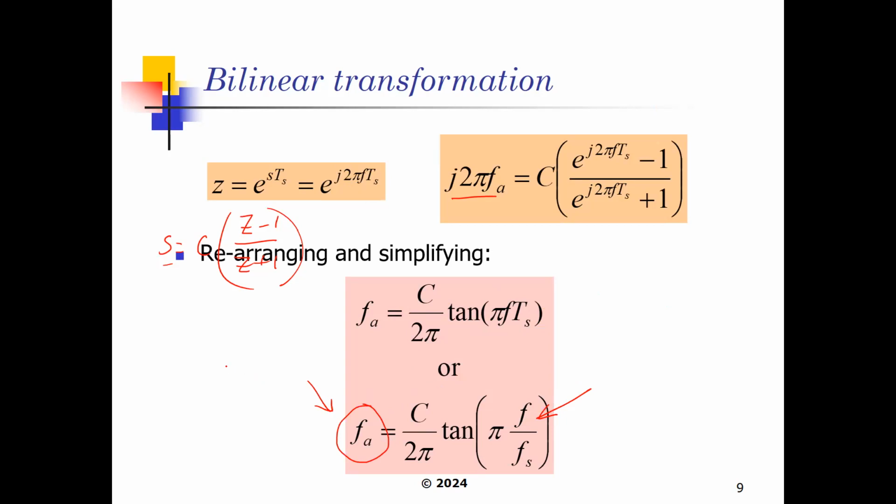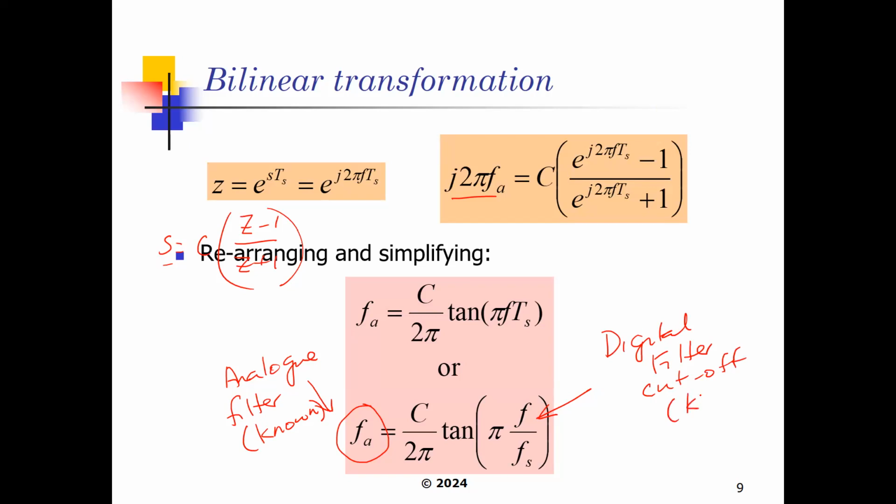So this is the analog, this is known. f, this is the digital filter cutoff. This is known because we want this.